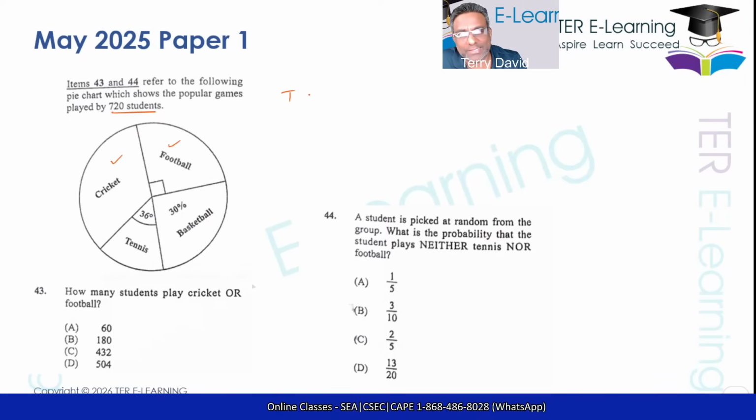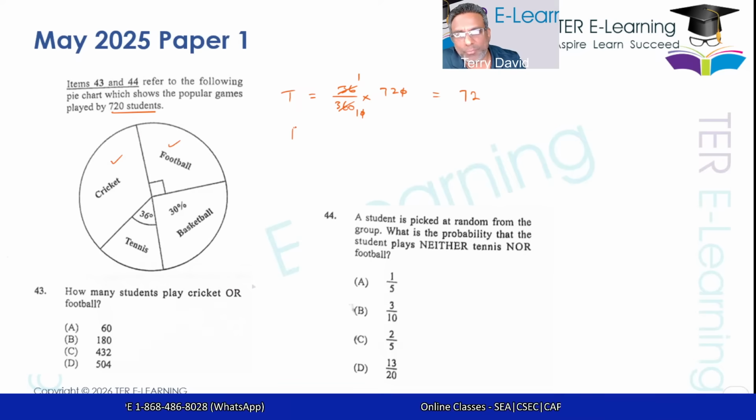So for tennis, all we need to do is to take 36 divided by 360 and multiply that by 720. That's what we need to work out. So 36 goes into 36 one time, this 0 will cancel with this. So you have a total of 72 who played tennis.